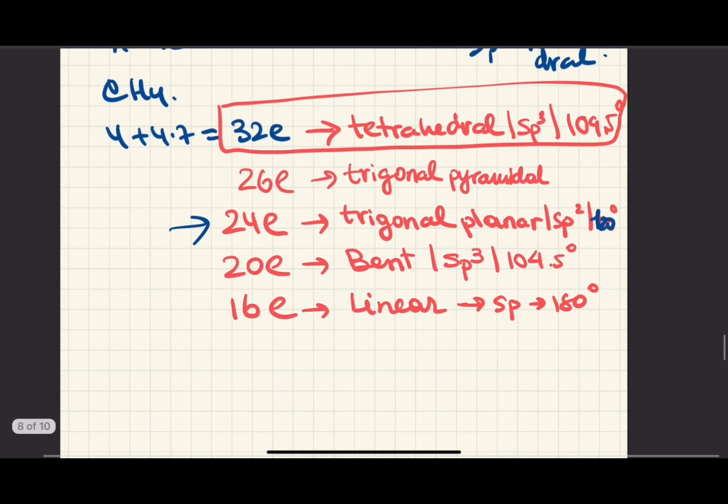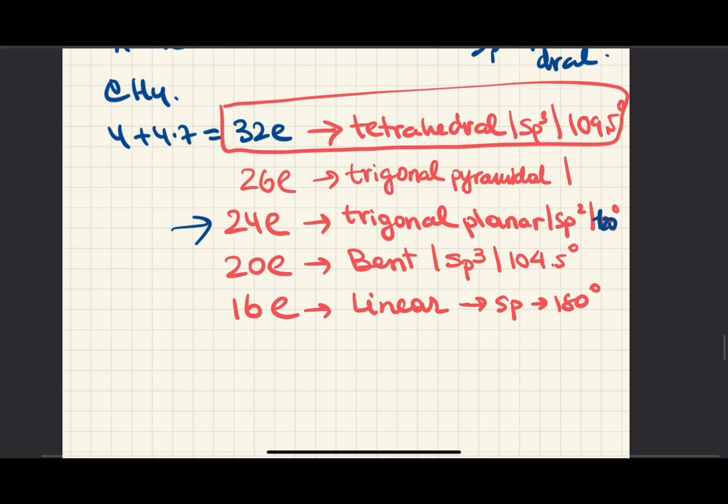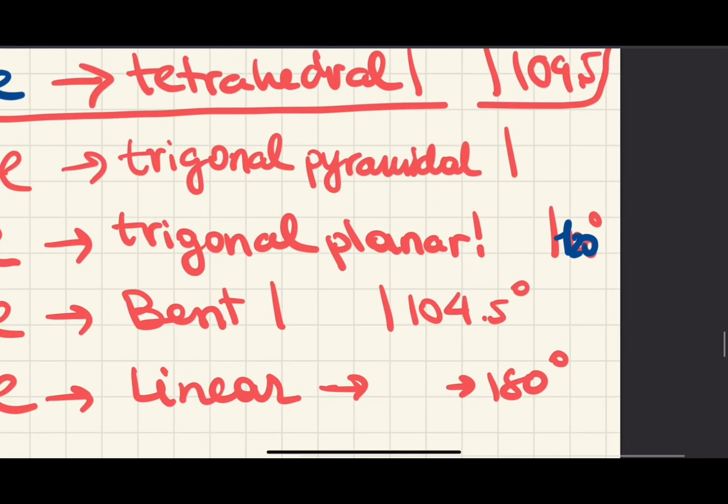Don't worry about the hybridization in here. Actually, in these structures, don't worry about the hybridization. All you need to know in here is their degrees and the names. So trigonal pyramidal is 107 degrees.